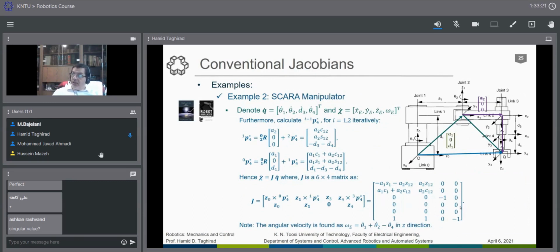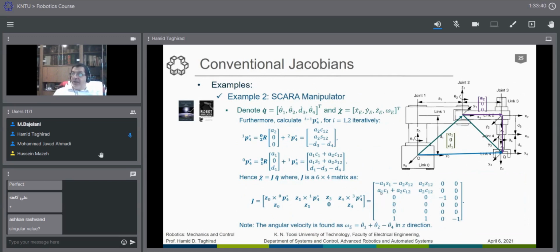The angular velocity has no x and y direction, only the z direction, and it is θ1 plus θ2 minus θ4, which is intuitively quite right because the angles of rotation add up altogether.